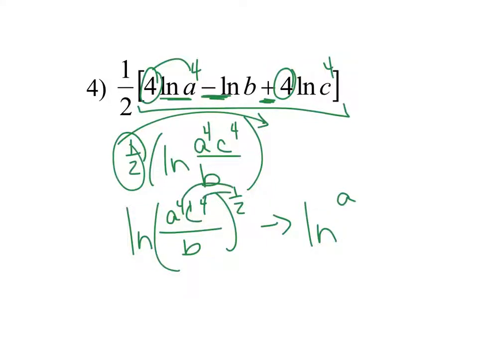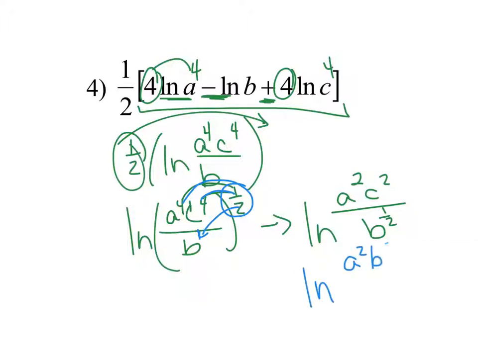If I distribute that 1/2 in, it'll be a squared, c squared, and b to the 1/2 power, because I distribute this 1/2 to the 4s, making them 2s, and then to the b. So that would be ln of a squared, c squared over radical b.